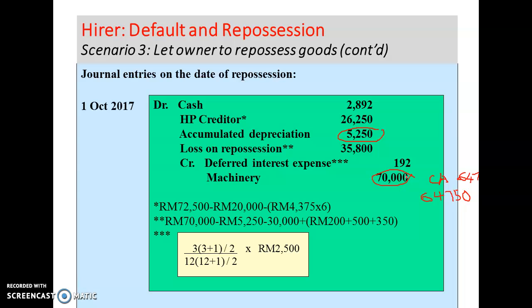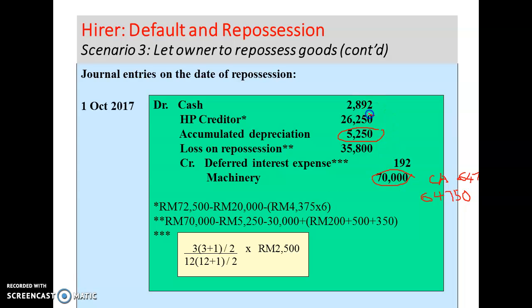Then you're going to close the hire purchase creditor, your liability account. The hire purchase creditor basically represents the amount of your hire purchase price minus all the amounts that have been paid so far. So here is the working: the hire purchase price 70,500 minus the deposit of 20,000 that has been paid and the installments that you have paid up to June, January until June for 6 months.